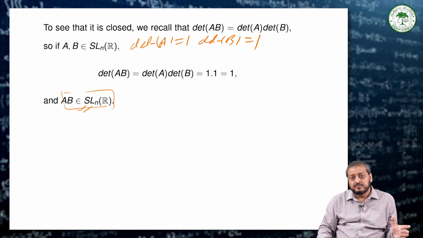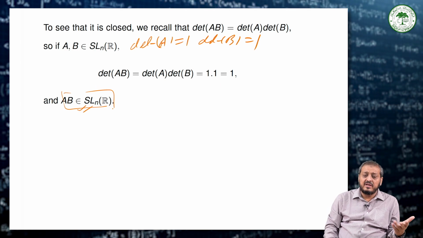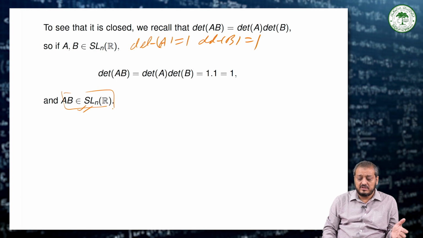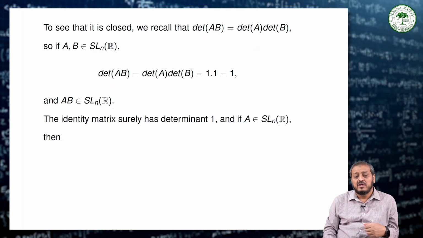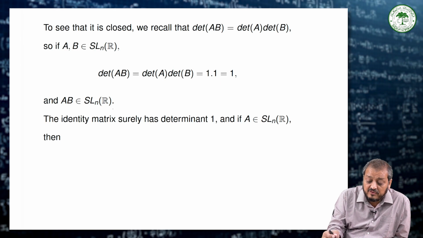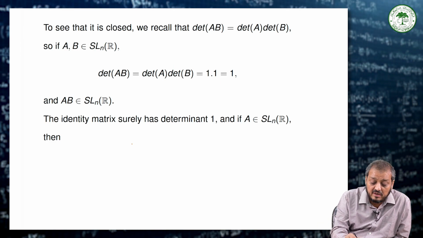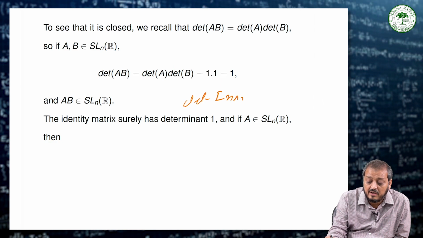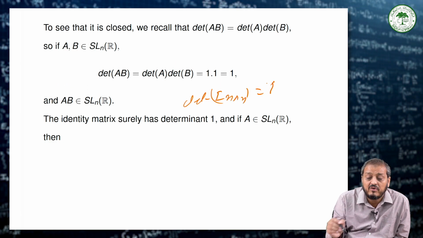Now, multiplication of matrices is associative, so there is no need to verify this. And for the identity matrix, you know that the determinant of any n by n identity matrix is equal to 1.